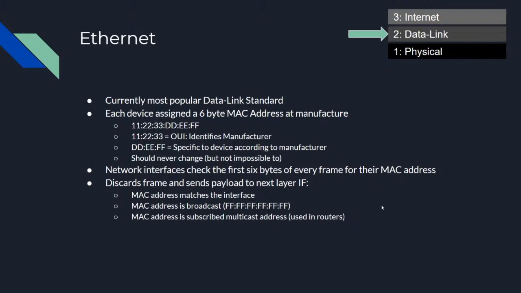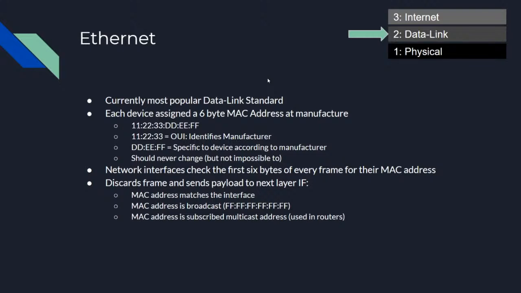Yeah, and the network interfaces. Whenever a network interface receives a frame, so whenever your Ethernet port receives a frame, your device will check the first 6 bytes of every frame to see, okay, does this equal my MAC address? And if it doesn't, then it just throws it to the wayside. Okay, that message isn't for me.